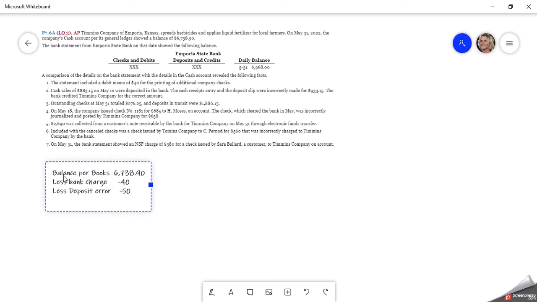Okay, then number 3, outstanding checks at May 31st totaled $276.25, and deposits in transit were $1,880.15. So then now that is going to be an adjustment to the balance per the bank.